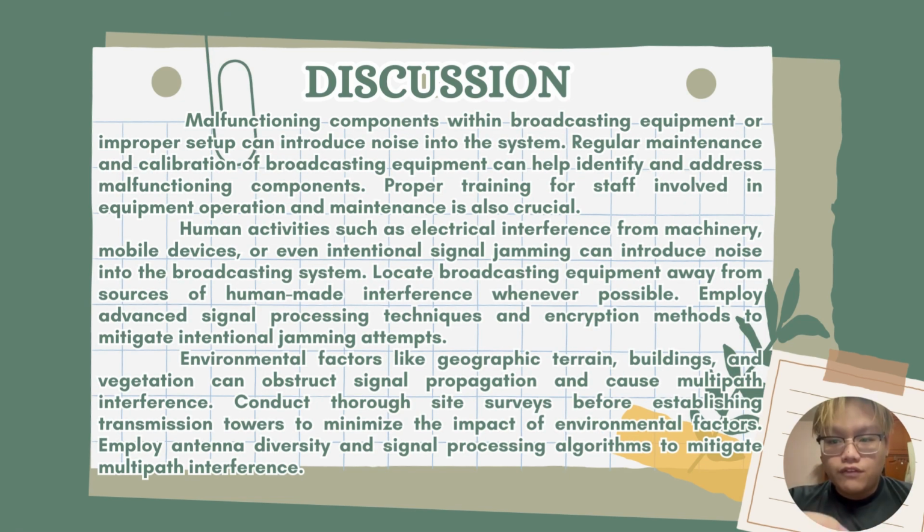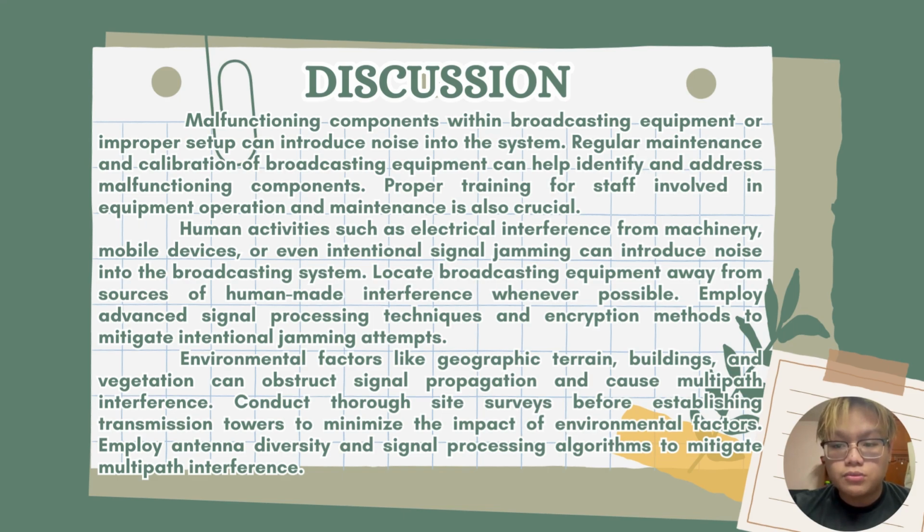Another one is malfunctioning components within broadcasting equipment or improper setup, which can introduce noise into the system. We can do regular maintenance and calibration of broadcasting equipment to help identify and address malfunctioning components. Proper training for staff involved in equipment operation and maintenance is also crucial.